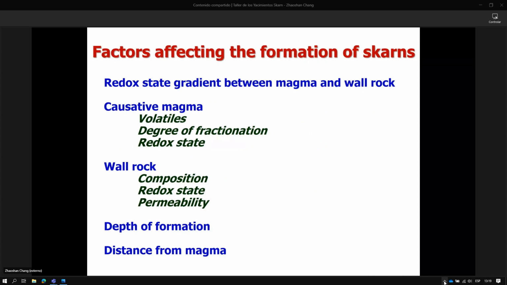There are more complications of the system, and contributing factors that will affect what you will see, but we're running out of time, so we'll just skip through this. The redox state gradient between the magma and the wall rock is very important for your oxidation ratio, and for the volatiles in the magma during fractionation; we're already showing that with the metal zoning pattern.